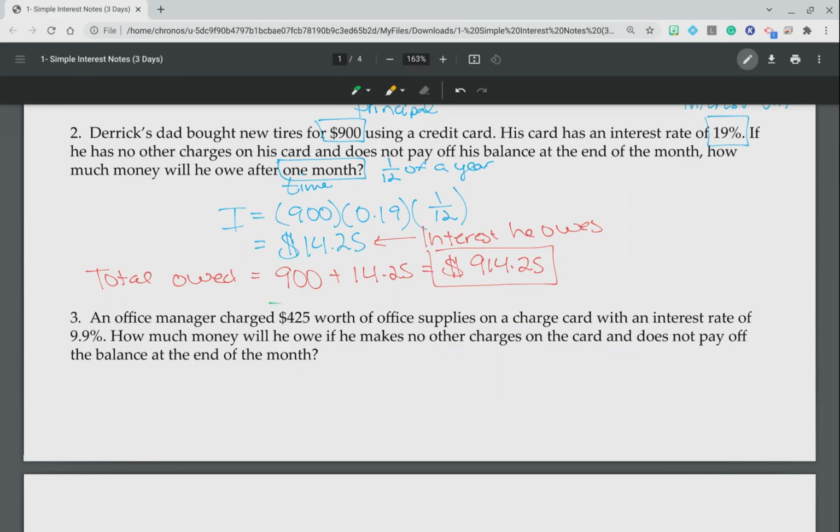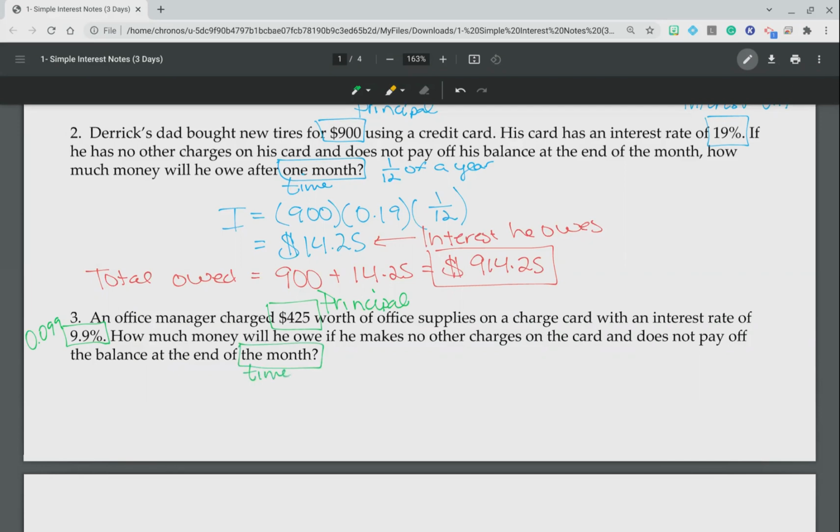So the office manager charged $425. This is our principal. Our interest rate is 9.9%, so that's actually going to be 0.099. And again, we're looking at the end of 1 month.